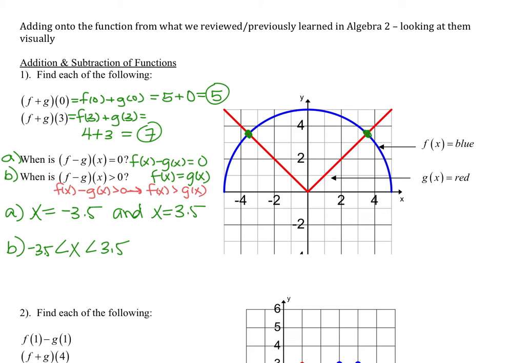And notice how I'm using just greater than and less than, not equal to, because this is asking specifically greater than 0. If I wanted greater than or equal to 0, I would have or equal to on both of those. Any questions on that?